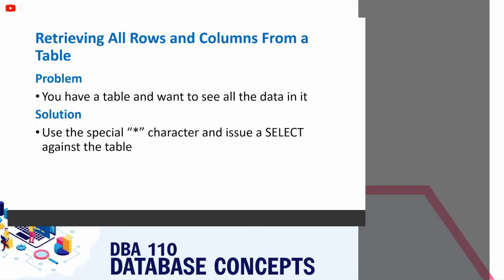And we have the asterisk selector that we can use in a select statement, and that is something that we were using and seeing previously in our examples. We didn't really explain why it works or how it works.